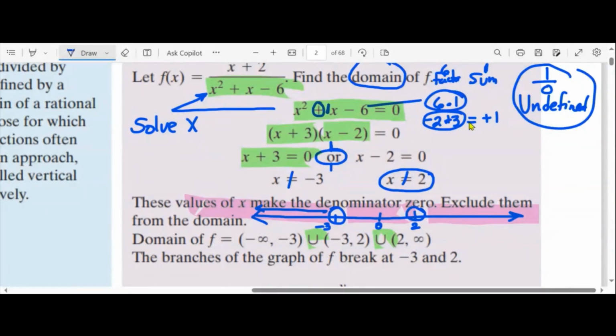Either 6 times 1 or 2 and 3. And you need the sum to be 1, so that's why I took negative 2 and 3. Is this clear? That's it.